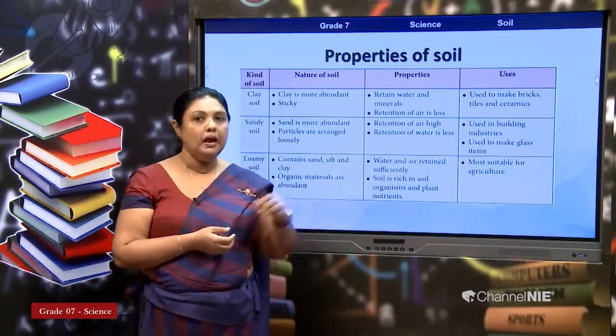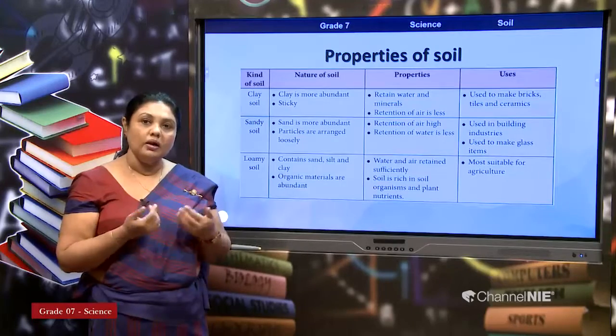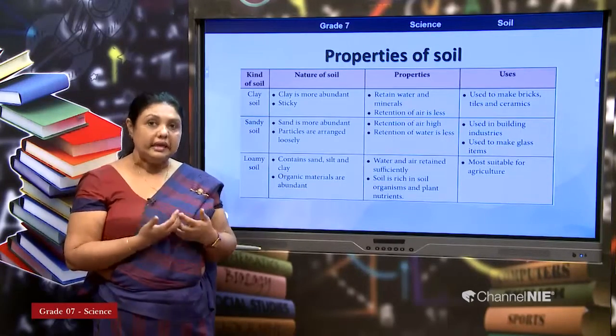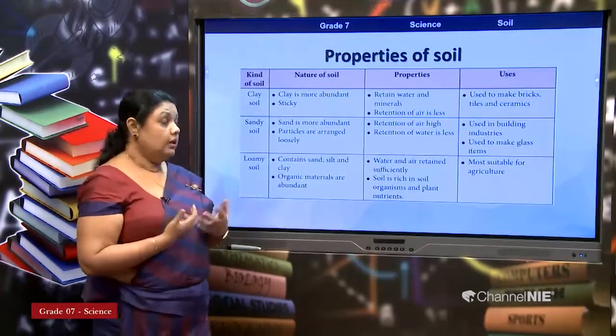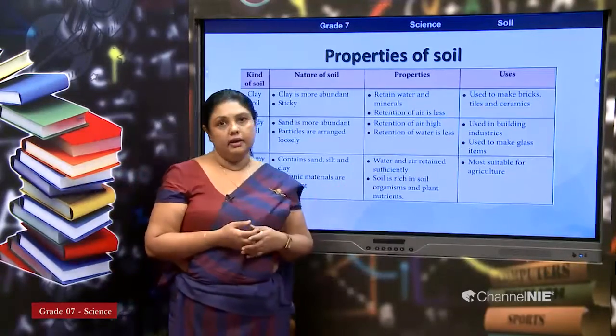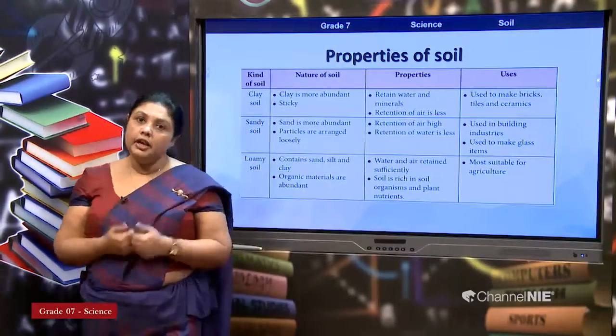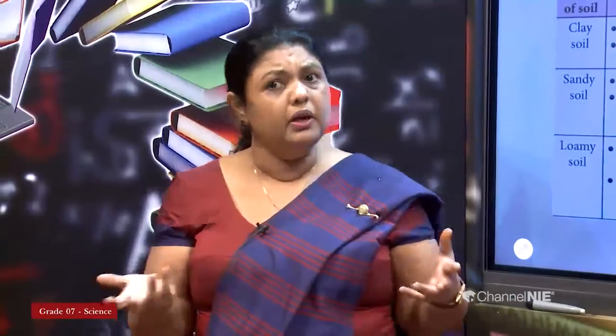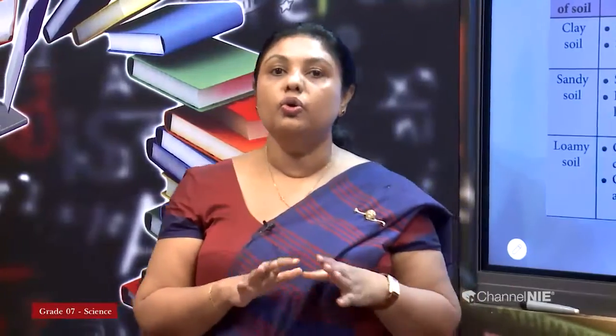So, if you put a plant there, the plant will get all the nutrients that it needs. So, it is very useful in agriculture. You may have heard about organic food, organic plants. Yes, that is this. Why? If that soil is full of organic matter, you don't need to put artificial fertilizer.